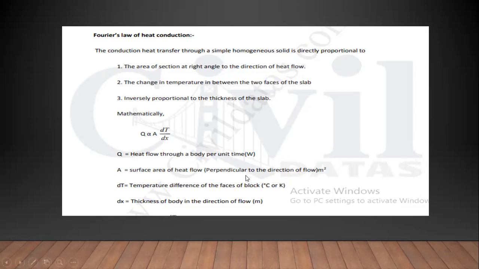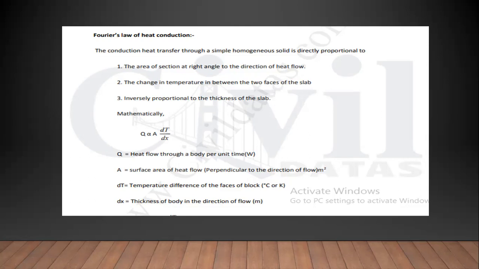This relation can be mathematically denoted with Q, the heat flow through the body per unit time. Q is directly proportional to the surface area of the heat flow and the temperature difference between the two faces of the block, with respect to the thickness of the body in the direction of the heat flow.